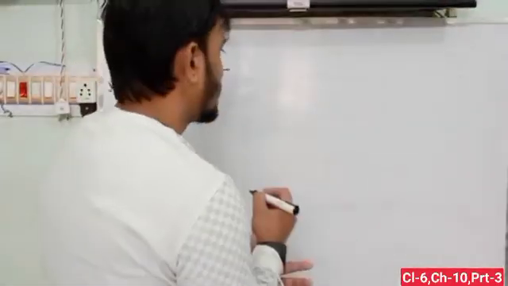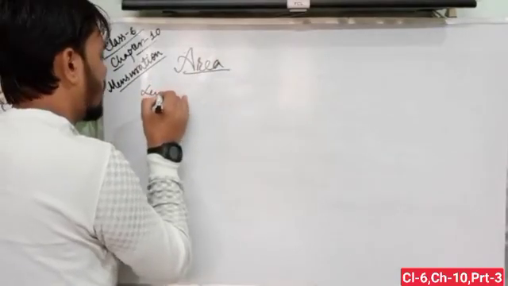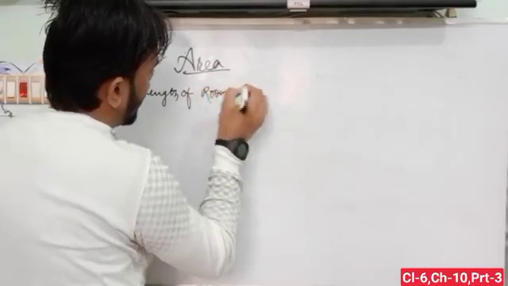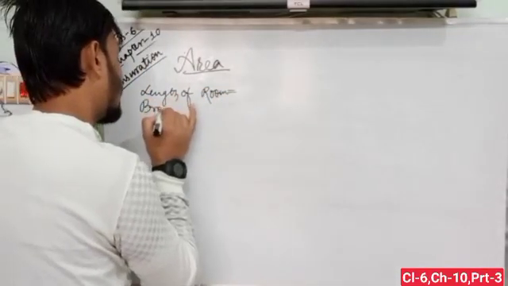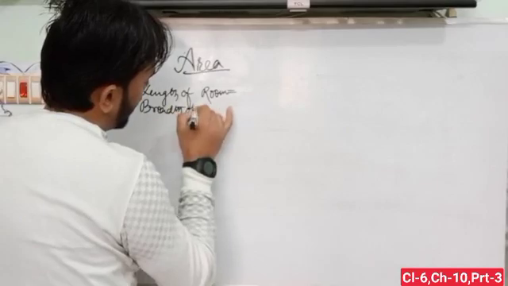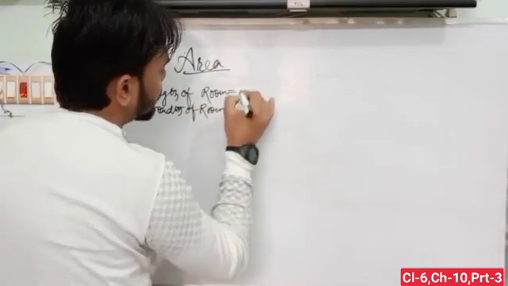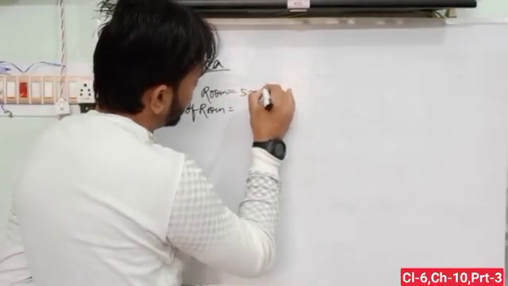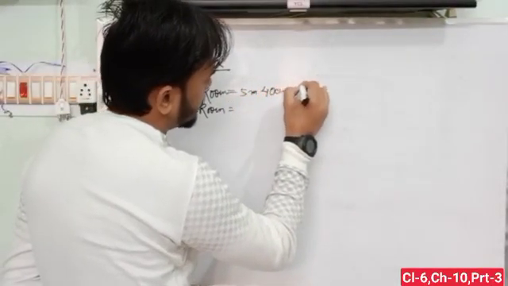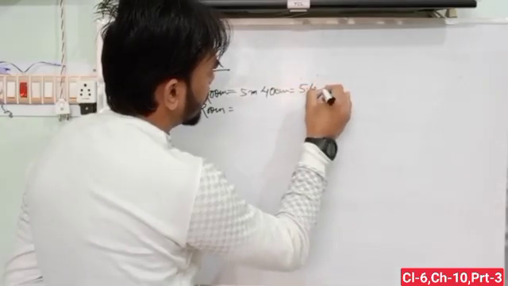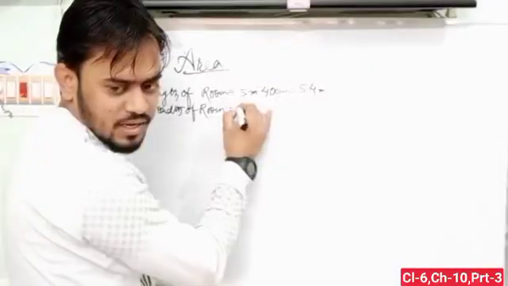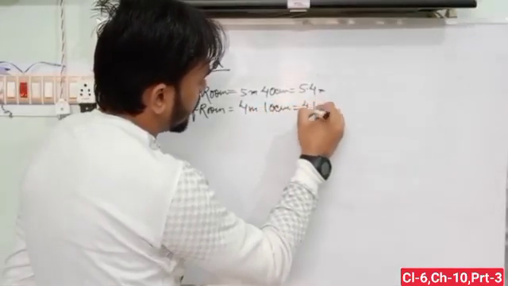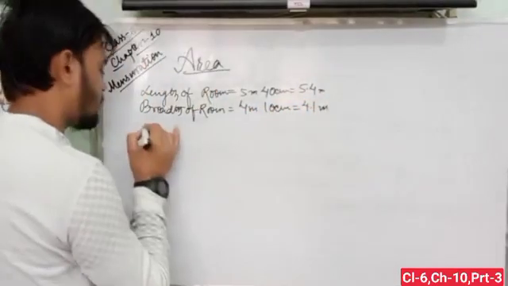So first of all, see here, we are given the length of room and breadth of room. The length of room is given 5 meter 40 centimeter, is equal to 5.4 meter, and breadth is given here 4 meter 10 centimeter, 4.1 meter.